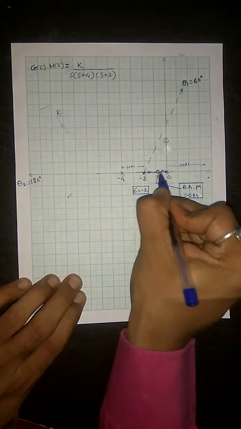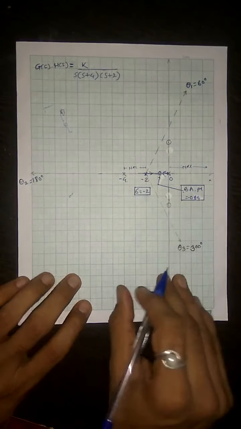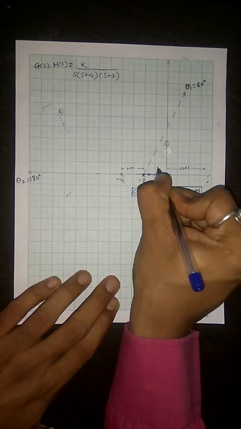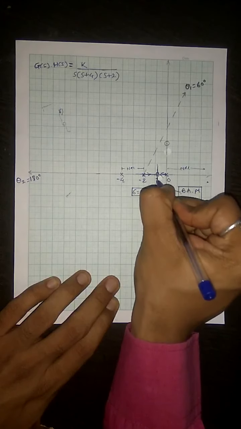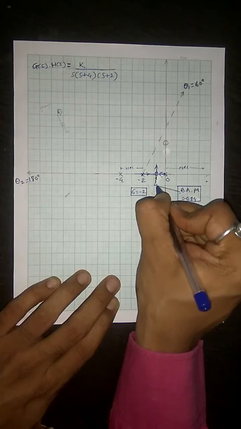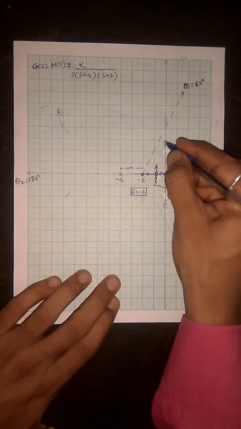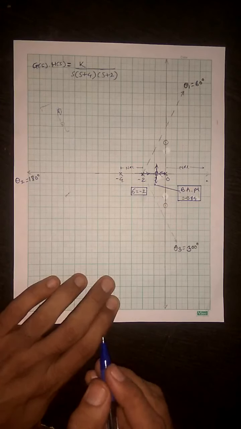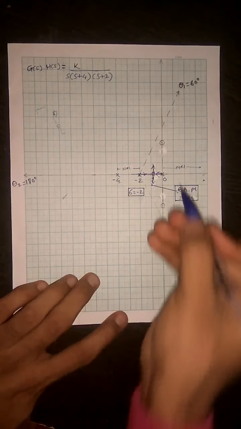Okay, so at breakaway point, a point where two root locus will collide and will split. So at this point they will collide and will split exactly vertically like this. Okay, in this direction and vertically downward direction. And the intersection points with imaginary axis we have calculated, that was 2.82.